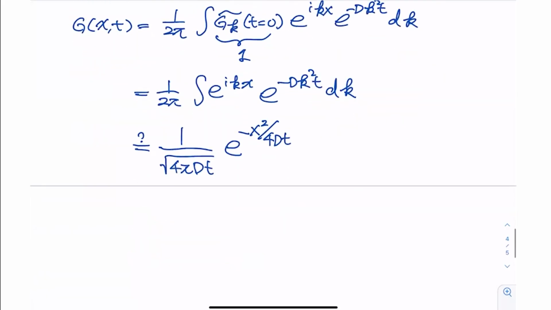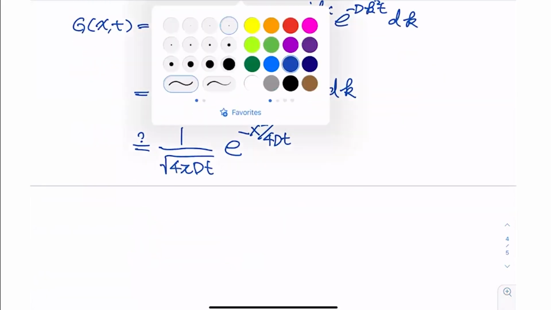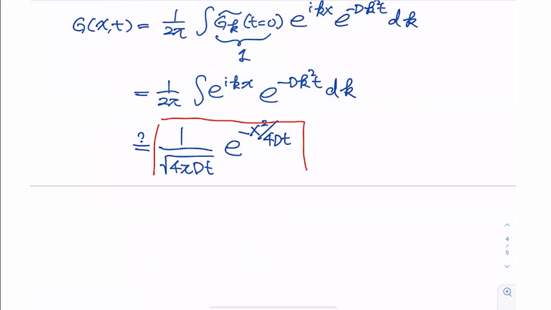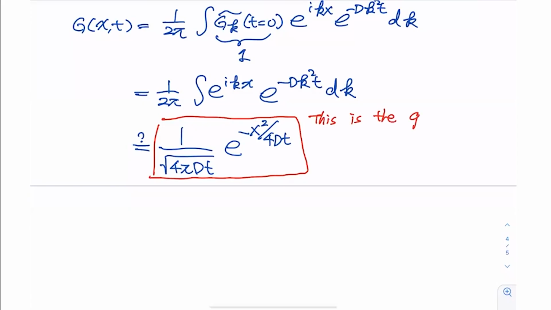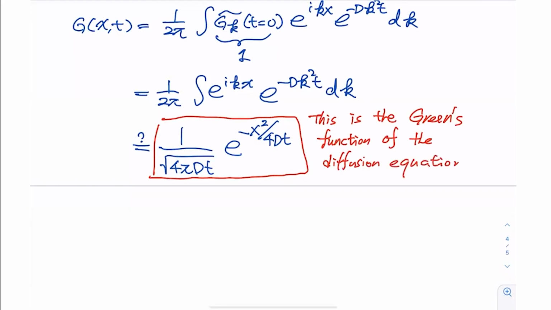So this is the Green's function of the diffusion equation.